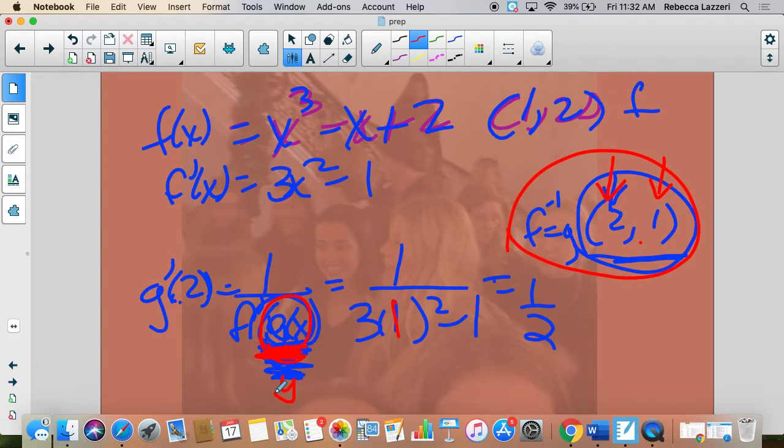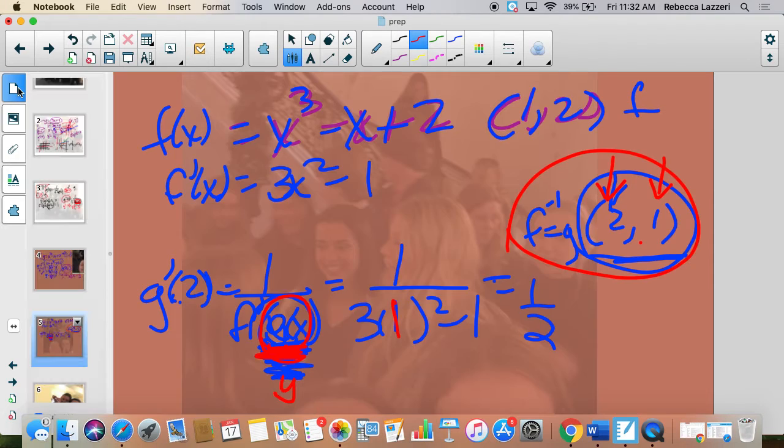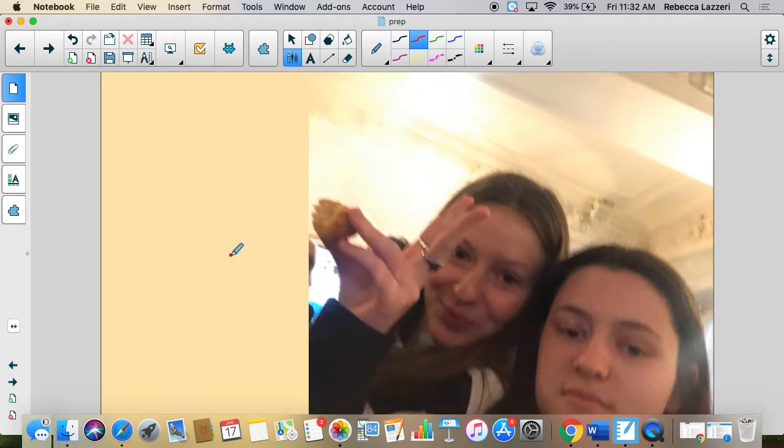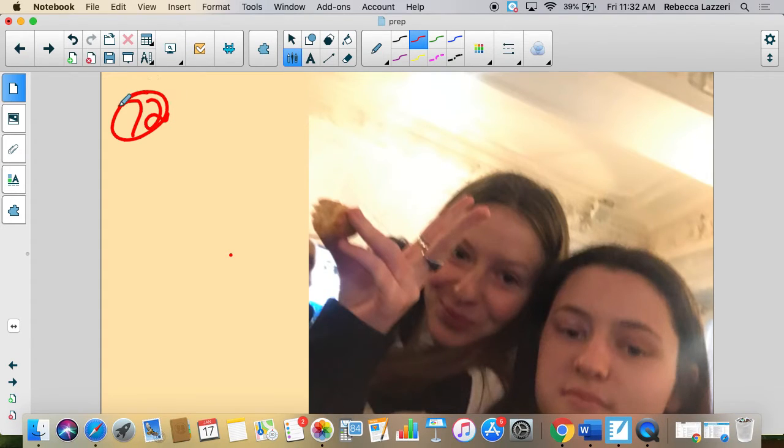Okay, so I'm doing number 72 out of the book. 72 says f of x is equal to 5 minus 2x cubed.